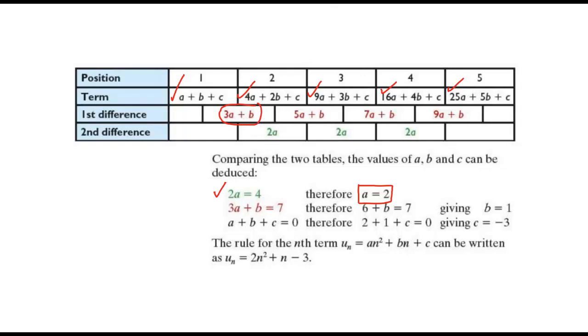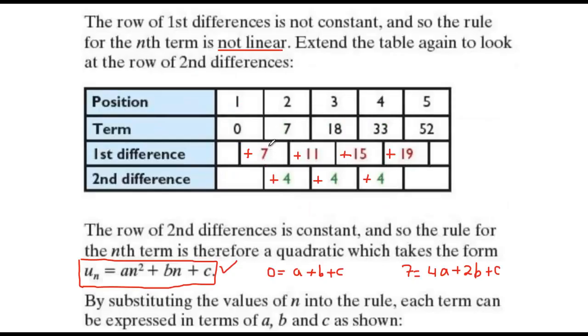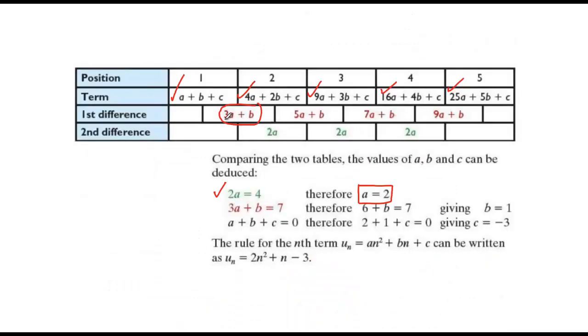The first term of the first difference is plus 7 there. So therefore 3a plus b is equal to 7. Now substitute this a in this equation. This will give us b is equal to 1.